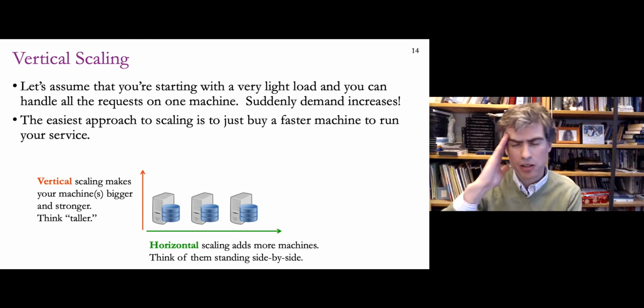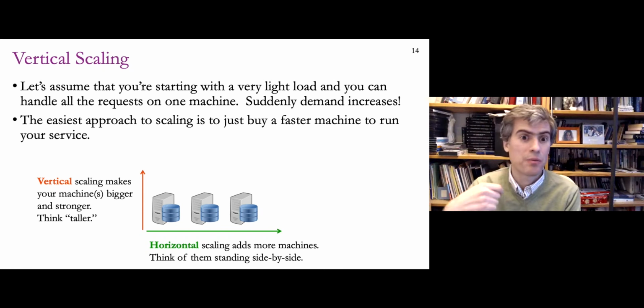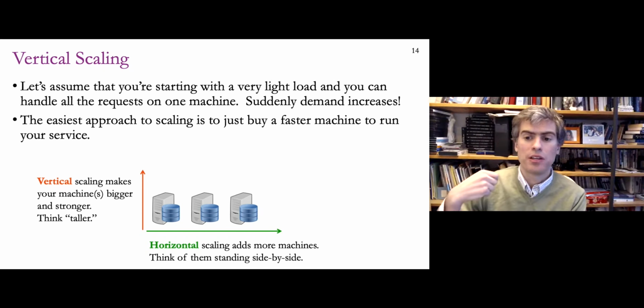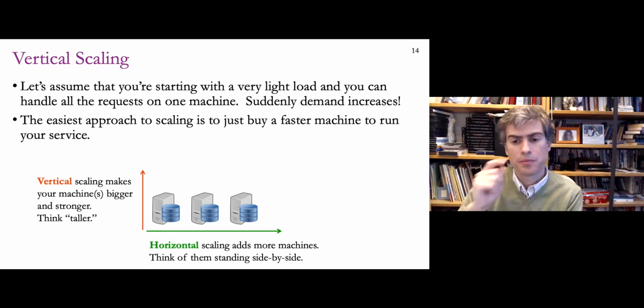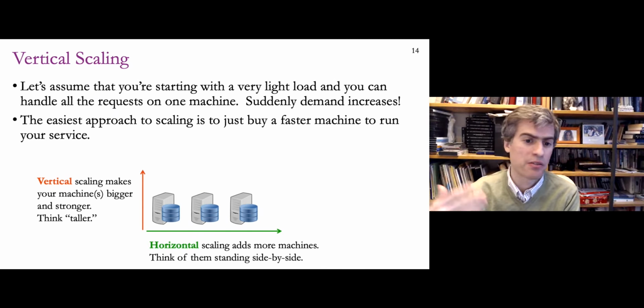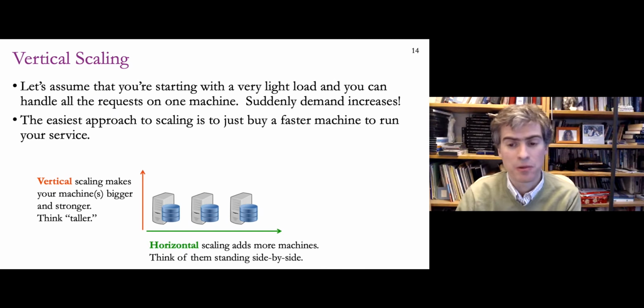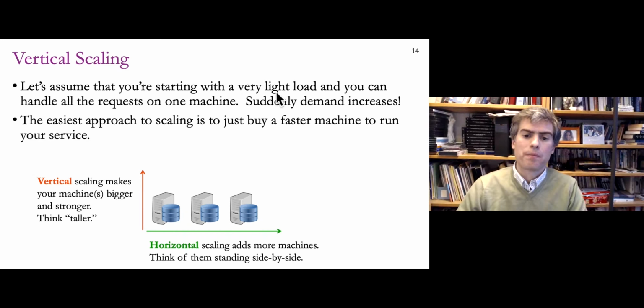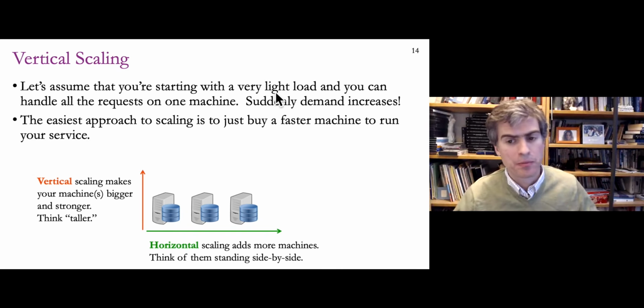Let's say we are doing a service. So laptop's bad because it's not on all the time. Let's say you bought a machine, you installed it in a data center or in a server room. You hooked it up to the network. You loaded your code on there, and you're running a website. Like let's say you're running a competitor to eBay, some auction website. Great. Okay, but it's on one machine.